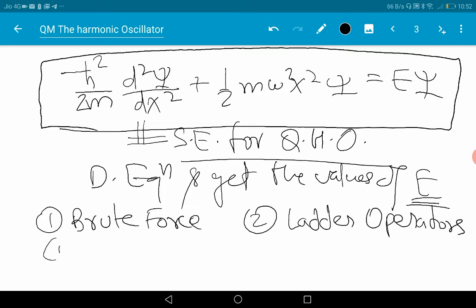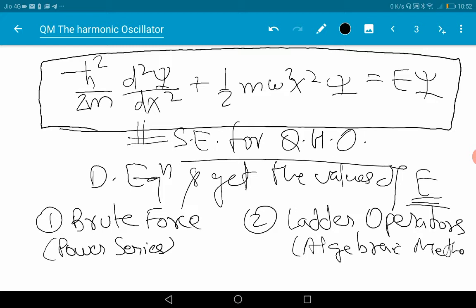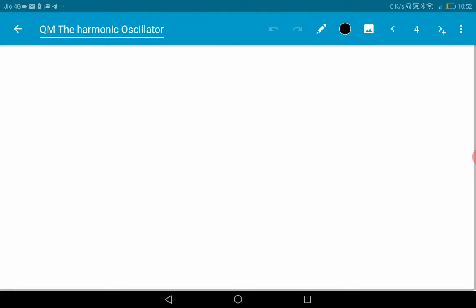The first uses power series expansion, and the second is kind of an algebraic method. We'll see as we proceed. So let's start with the algebraic, the ladder method.